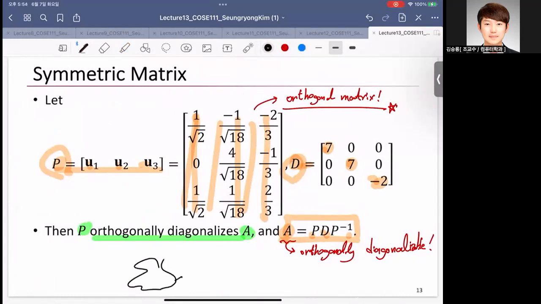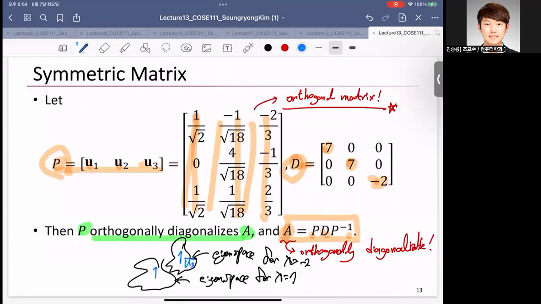Let's say this is the eigenspace for lambda equals 7. Let's say there's another eigenspace for lambda equals -2, then we can say that there is one of the vectors in this eigenspace, let's say U3, and here's U1 and U2.